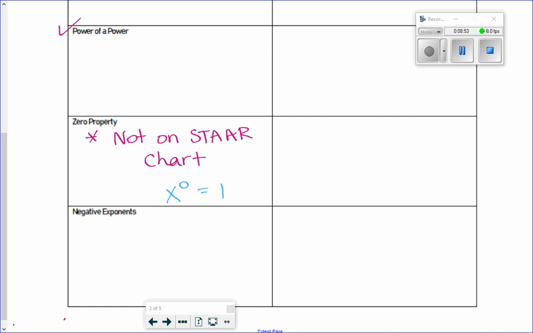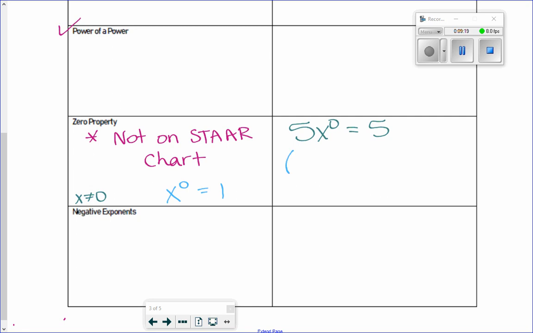All right, so a couple of examples. Oh, and this x cannot be 0, just so you know. That base cannot be 0, but anything else, it will be 1. So a couple of examples we have is 5x to the power of 0. What would that be? 5, because the x to the power of 0 is 1, and it's 5 times 1.